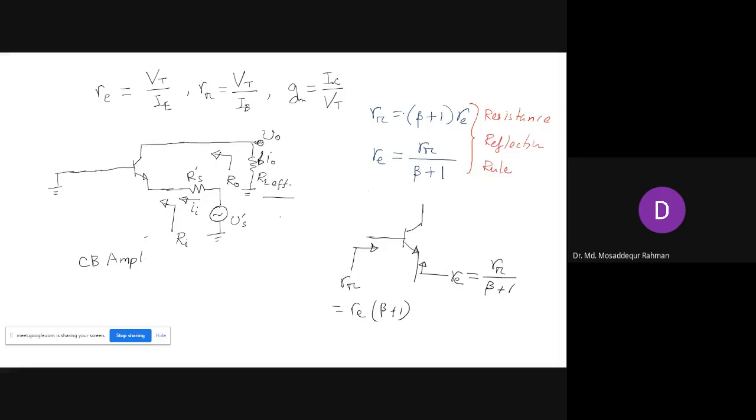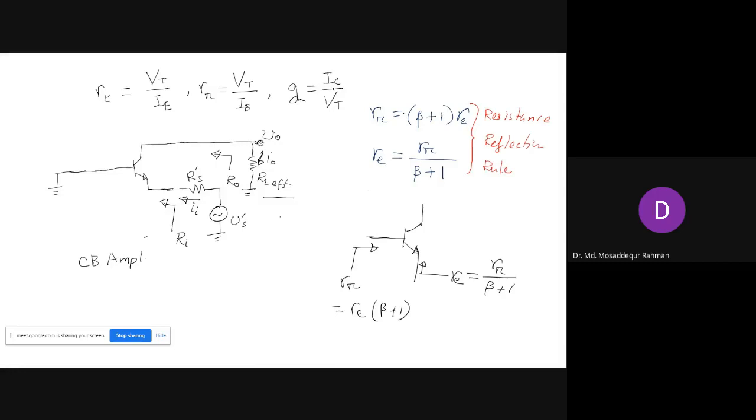So the collector current has another important role here. We have mentioned that it supports the load current, and IC should be at least equal to or greater than your load current. That is how you set the IC.